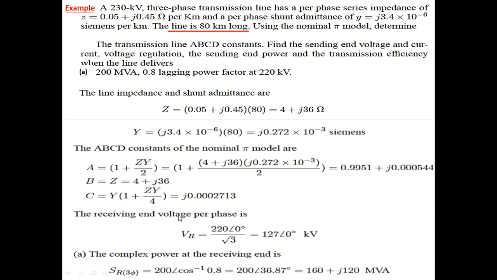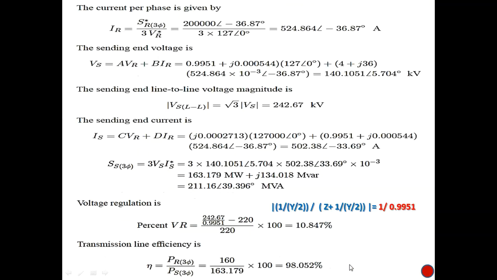For the receiving end voltage per phase, we just divide by square root of 3 and we find the voltage VR per phase, 127 with angle 0. For the complex power at the receiving end, we write the three-phase receiving end apparent power in complex form. It is 160 + j120 MVA.